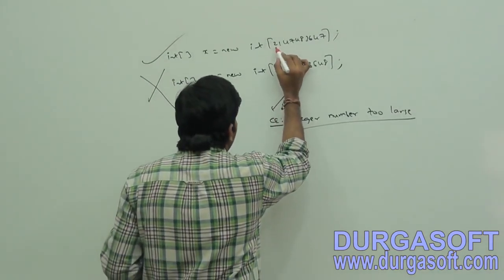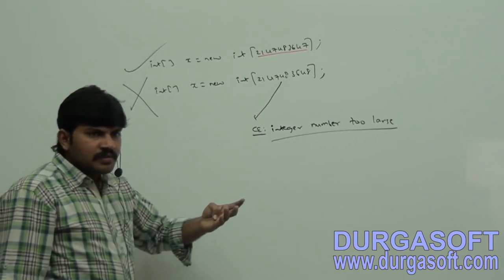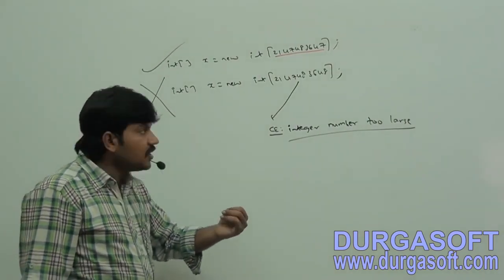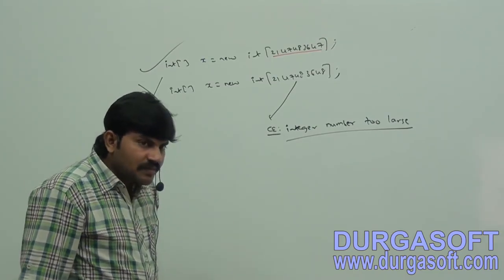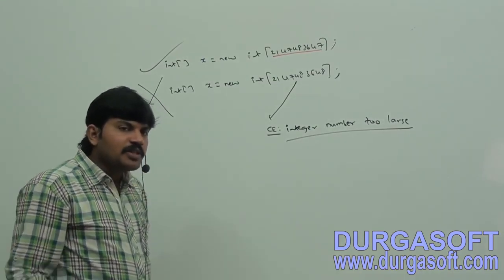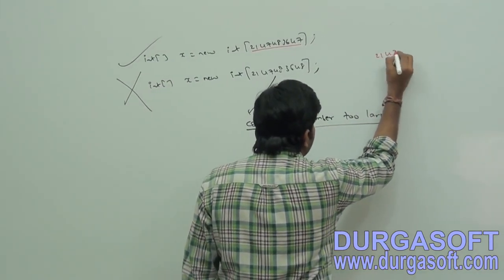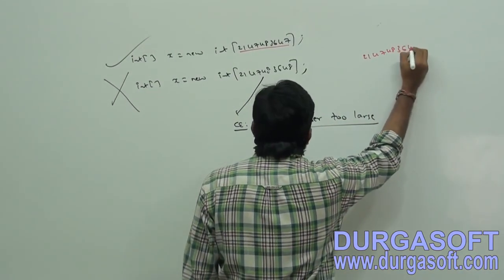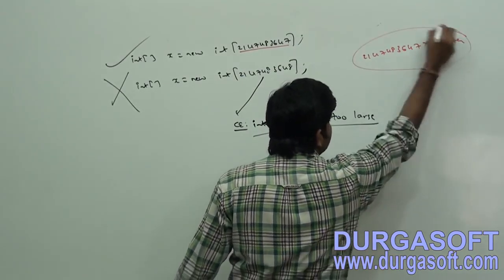How many int values will we represent? 2147483647 int values. Each int value takes how many bytes? 4 bytes. Then how much memory is required to create this array? 2147483647 times 4 bytes.